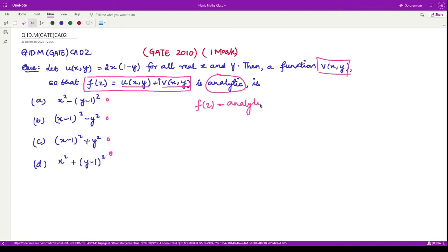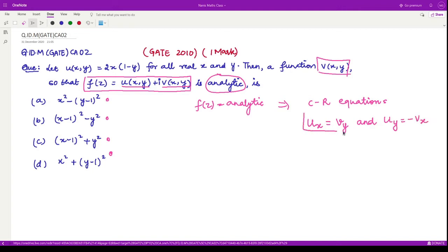Now if this function is analytic, that means it would follow the CR equations, the Cauchy-Riemann equations. And what are these equations? The first equation is the partial derivative of u with respect to x, which would be equal to the partial derivative of v with respect to y, and the second equation is the partial derivative of u with respect to y, which would be equal to minus the partial derivative of v with respect to x.